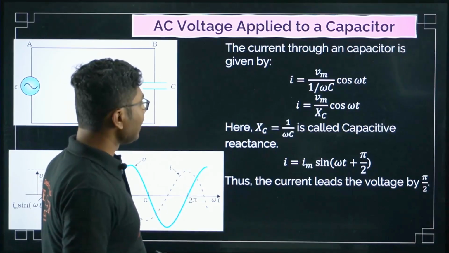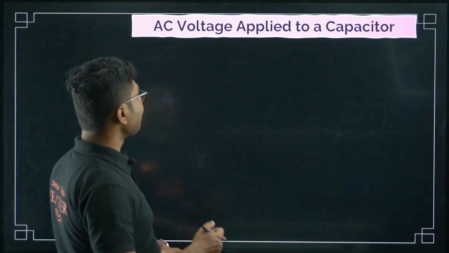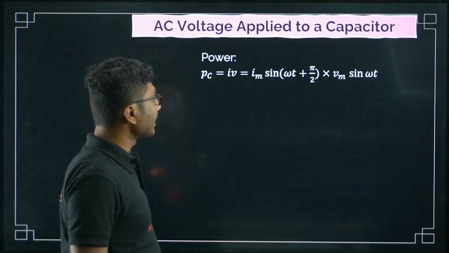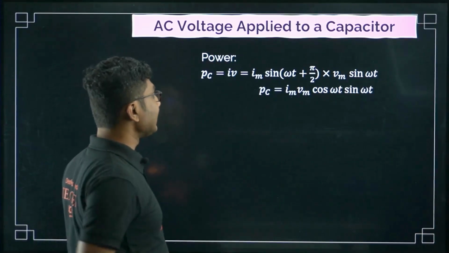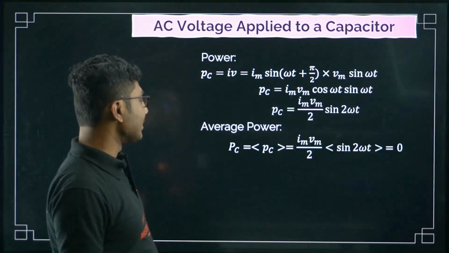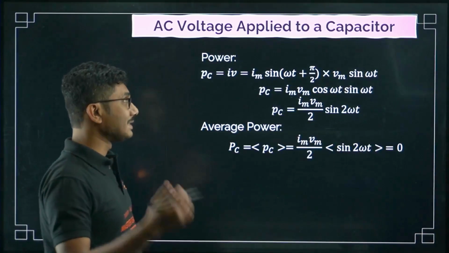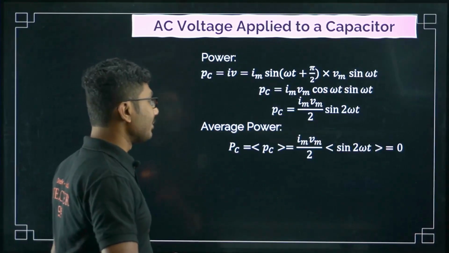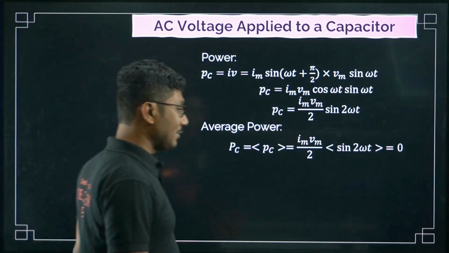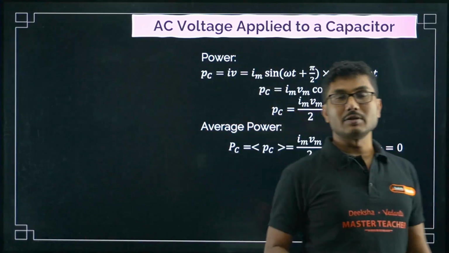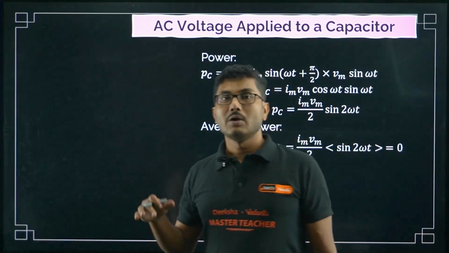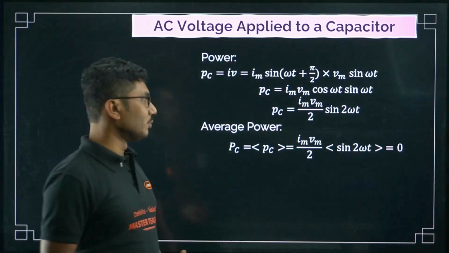Now let's calculate the power in the capacitor. The average power consumed in a capacitor is again 0, similar to the inductor. So a pure inductor or pure capacitor does not consume any power.